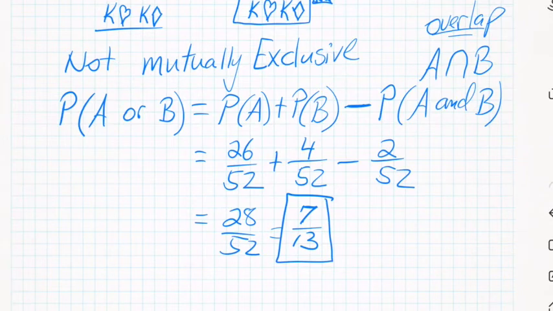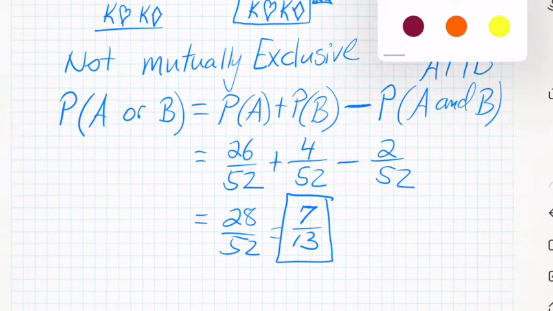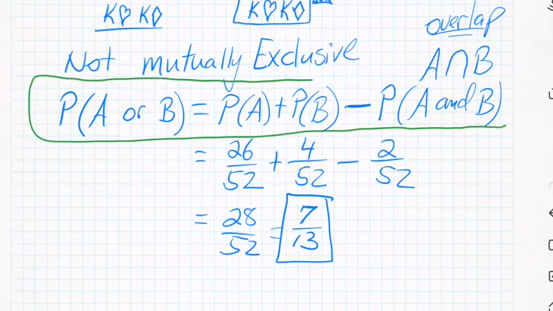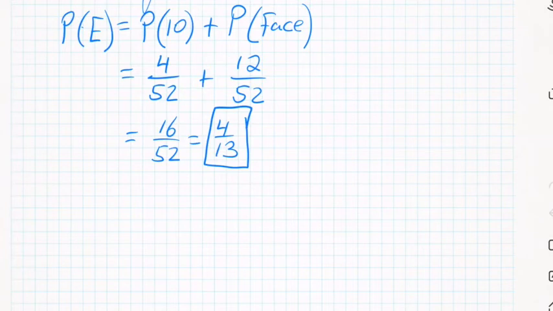So one thing you will have to use for OR problems is this formula. And you can use it for all OR problems, even the previous one, where we just added the 4 over 52 and the 12 over 52 for the 10 and the face cards.